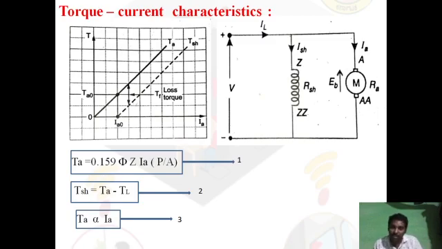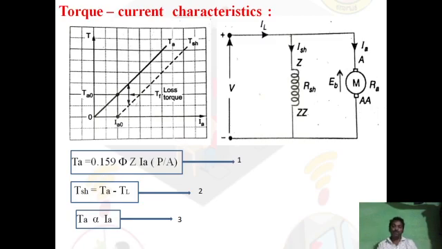A magnetic field has already been created by the field poles, and now armature current flows through the armature conductors. The armature is the rotating part at the center of the machine. Each and every conductor experiences a force, and all the forces collectively produce a torque.